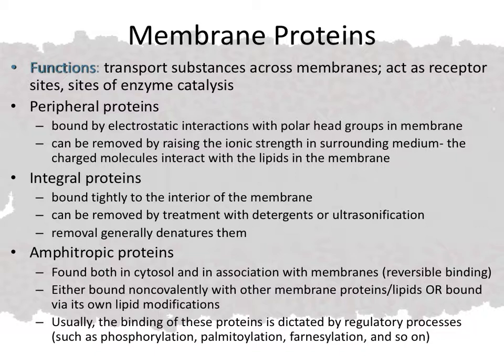Usually, yes, there are some that may be protein-protein interactions, but even then we're usually talking about electrostatics, which is just the fancy term for ionic. So if you increase the ionic strength of your solution when you're doing protein purification, you can actually compete it off. It'll fall off.